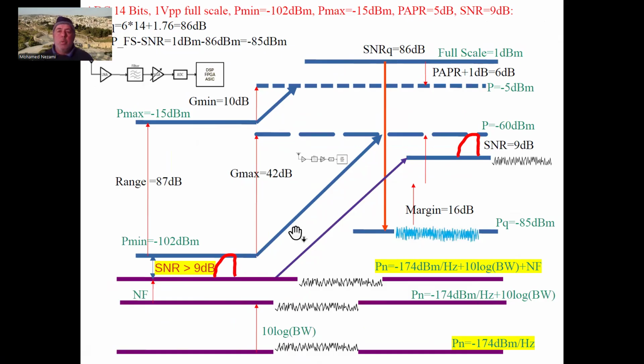Okay, and so we have to design this receiver chain taking into account the broadband noise power and the bandwidth and the desired SNR to be able to optimally set the input range to the A to D. And this is, of course, all of this assuming that you don't have interference and blockers.